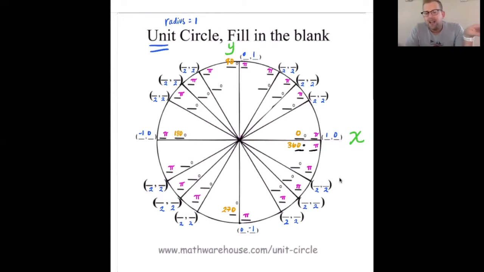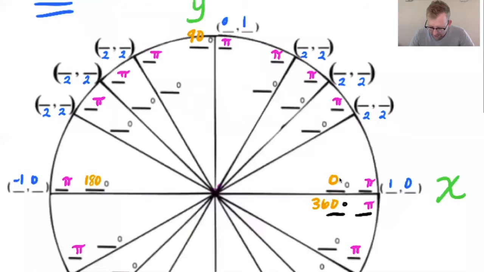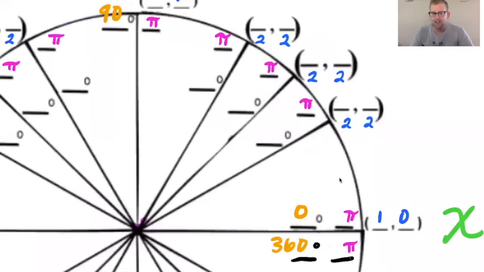I've also put a pi symbol in the space that's adjacent to the degrees, because that's where our radians are going to live, okay? So let's go ahead and start with the degrees, and we're gonna focus solely in quadrant 1 for the time being.